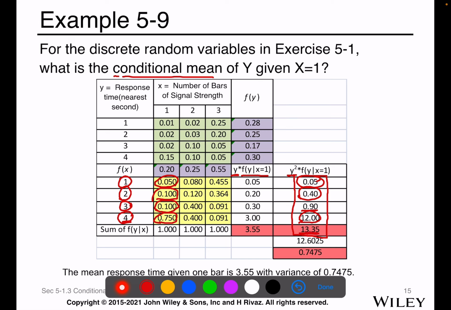And the equation of the variance is sigma x squared f of x minus the expected value of x to the power 2, right? So this sigma was 13.35, and the expected value we just calculated was 3.55.